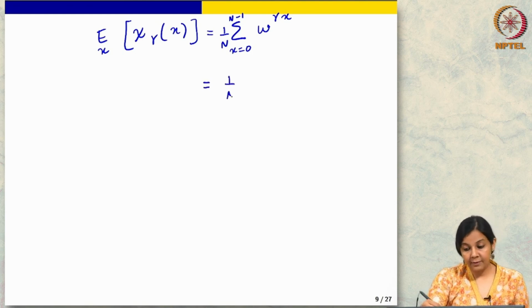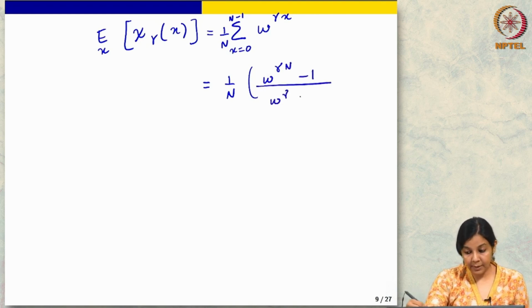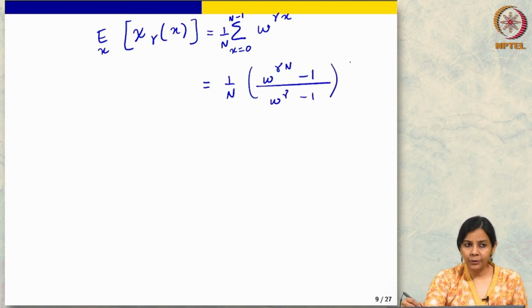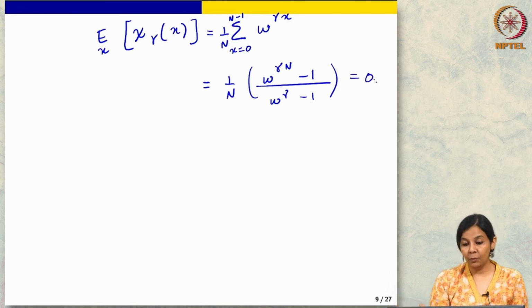This as you know works out to omega to the gamma n minus 1 divided by omega to the gamma minus 1. Everybody would have seen this before, right. This is just what the summation turns out to be. It is very easy to prove, and since omega to the n is 1, this is equal to 0. Is it fine?